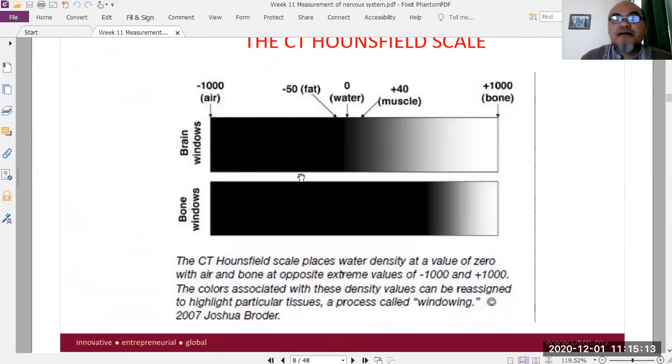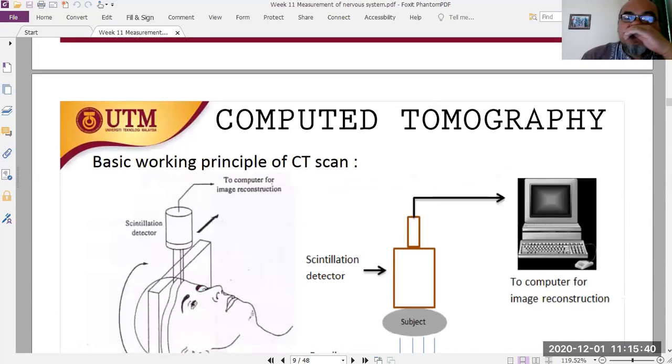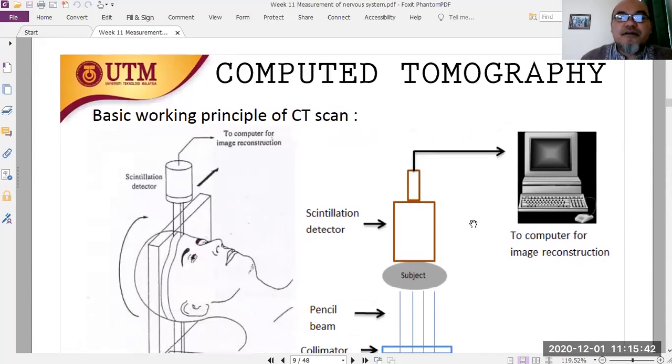The colors associated with these density values can be reassigned to highlight particular tissue. This process is called windowing. So based on this calibrated scale, we can interpret the image we have obtained and know whether that part is bone, air, or water. This is the basic principle of CT scan.